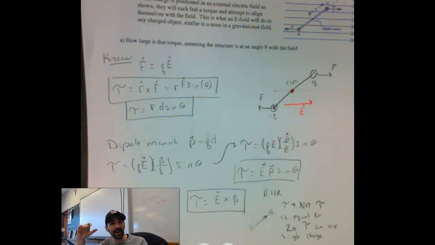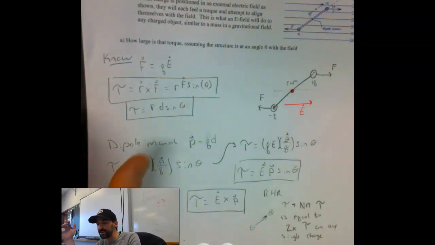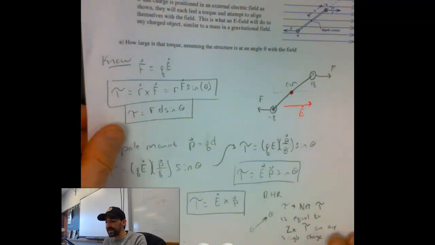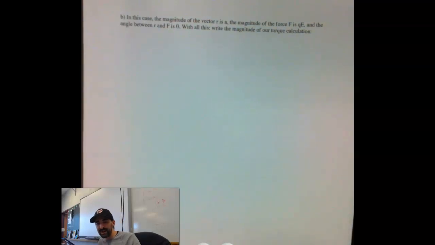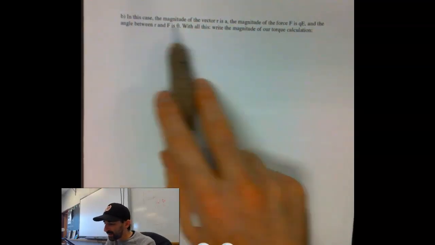So again, we're just exploring properties of this dipole within the electric field, which moves me to the second part, which is part B. Part B is actually kind of straightforward, and then we're going to explore some other stuff about these dipoles.